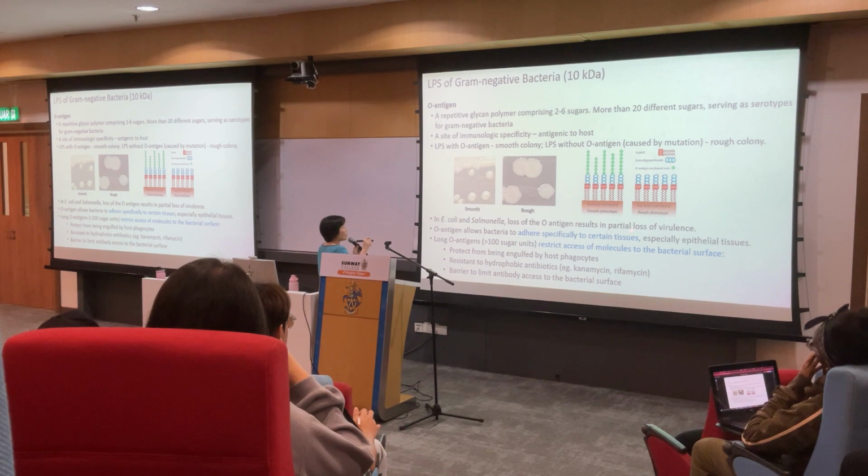That's why the mutants are not as virulent as the wild type. They also found that if they remove the O antigens, they partially or fully lose attachment to host cell tissues.